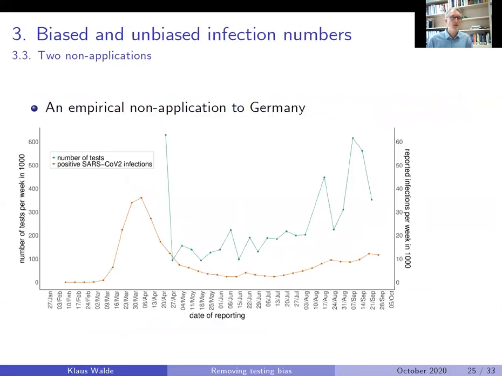So let's make two non-applications to Germany because we don't have the correct data at this point and it's not sufficiently detailed. Nevertheless, let's take the number of tests that we get from RKI. Let's take the number of positive SARS-CoV-2 infections. We have here time on the horizontal axis and the number of tests and the number of reported infections.